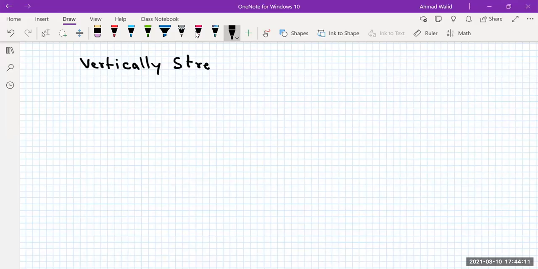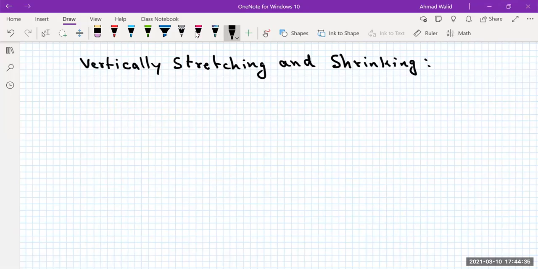Stretching and shrinking. A graph can be vertically stretched, and also a graph can be shrunk, correct?